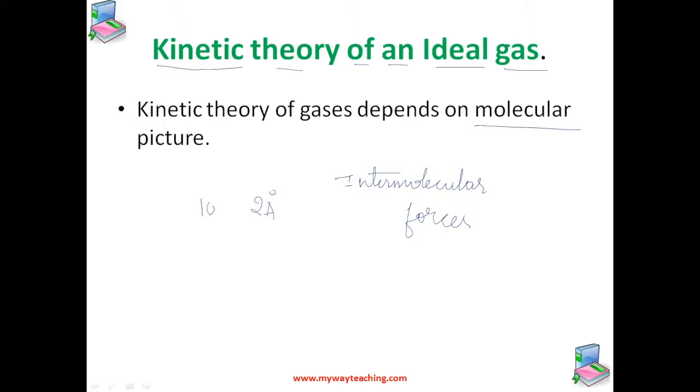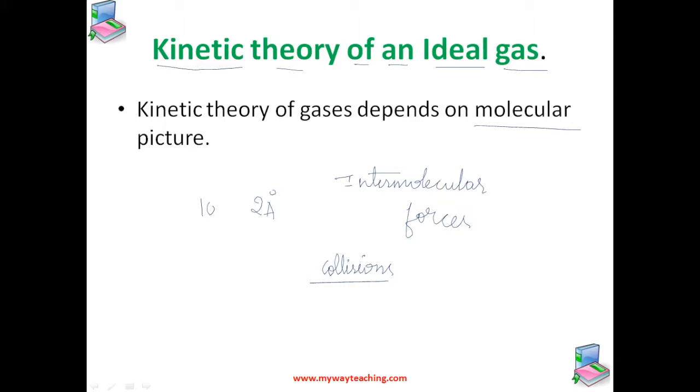These interactions we call collisions. When they collide, the velocity will change. The molecules collide instantly against each other or with the walls and change their velocities. These collisions are considered to be elastic. They are called elastic collisions.